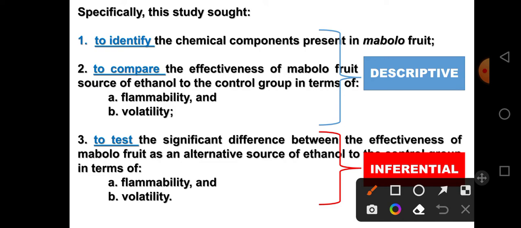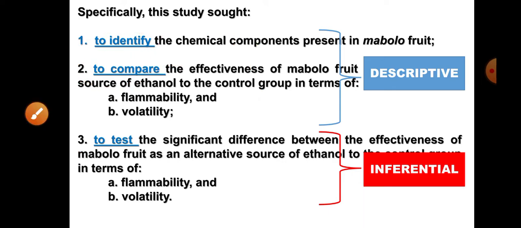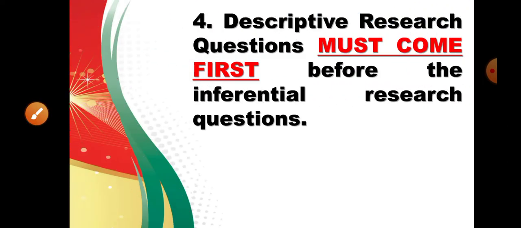So as you can observe here, class, our descriptive research questions come first before the inferential research questions. So that is another characteristic of our descriptive research question. It must come first before the inferential research questions.